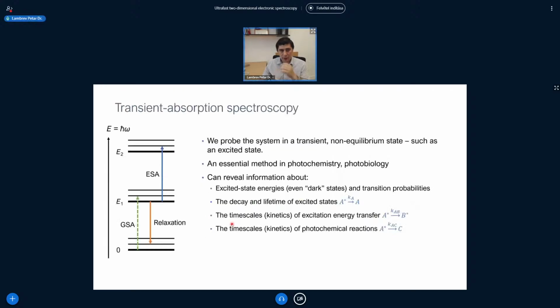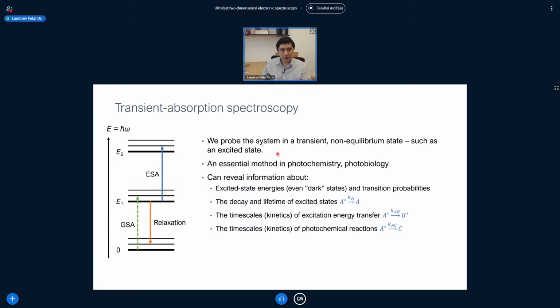All right. So how do we do that? Well, one very powerful and very widely used technique is transient absorption, time-resolved transient absorption spectroscopy, where we create a transient non-equilibrium state in the system that can be an excited state and can be created with a laser pulse.